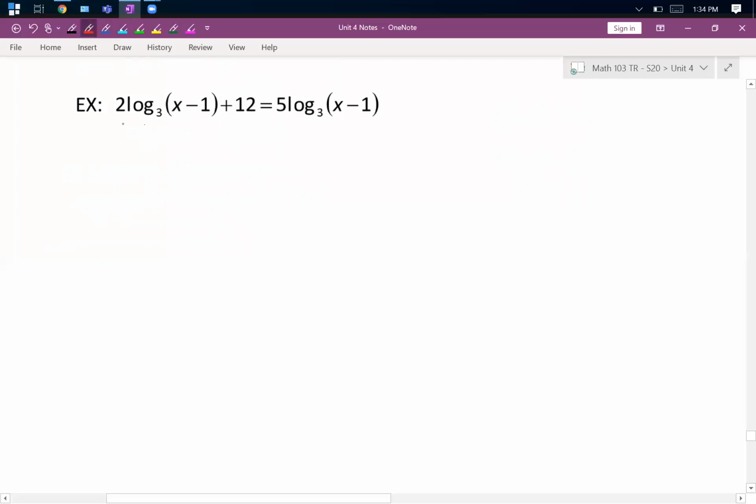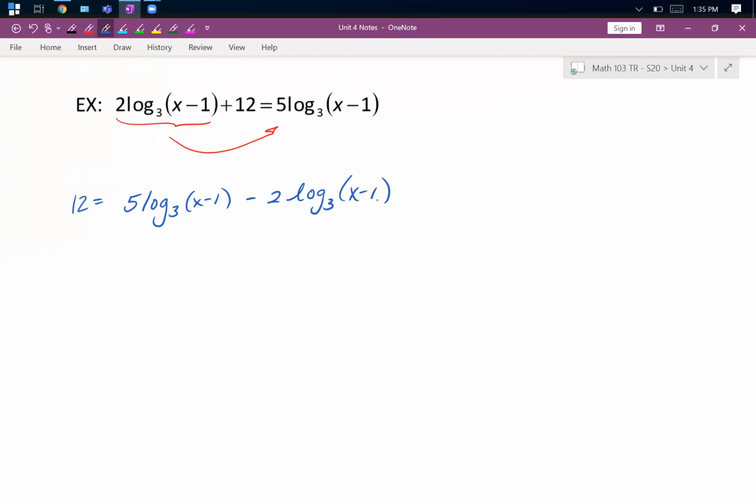So I'm going to subtract this one over this way. We're going to get 12 equals 5 times log base 3 of (x minus 1) minus 2 times log base 3 of (x minus 1). There's something different occurring here than in any problem we've seen in this whole log chapter.